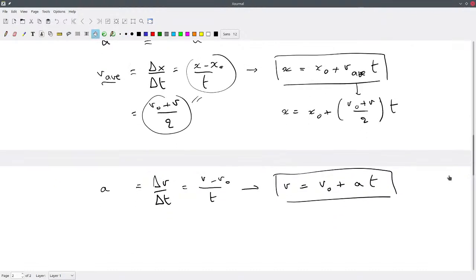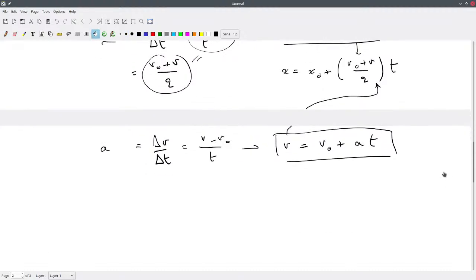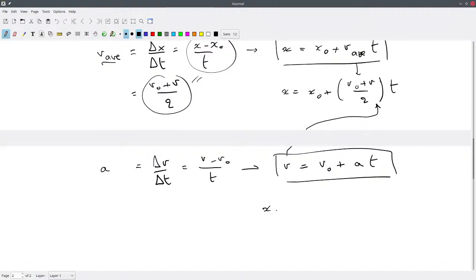We can use this expression and plug it into this one for v, and that will give us that x is x0 plus, and then we can go through and see what's included in that equation.